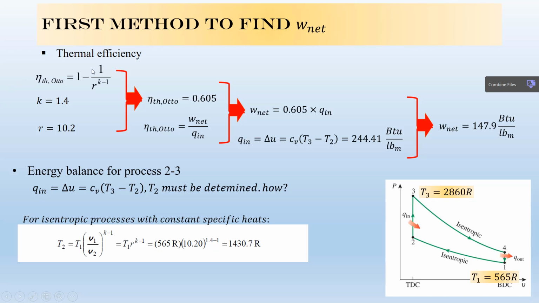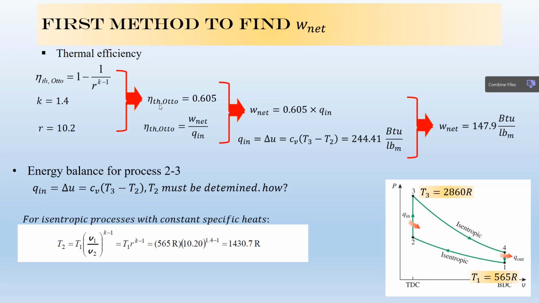First, we found the thermal efficiency, and then from the definition of thermal efficiency, we found the W net. In some cases, guys, r is unknown. So you should be able to calculate the W net if the compression ratio r is unknown.